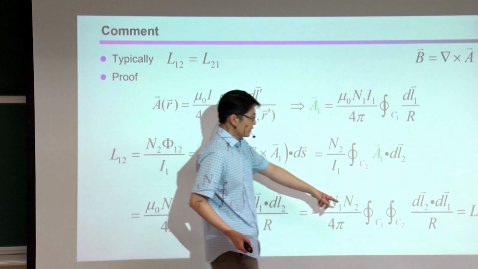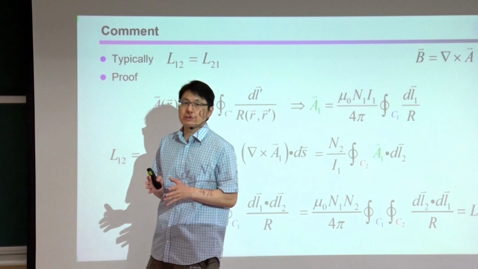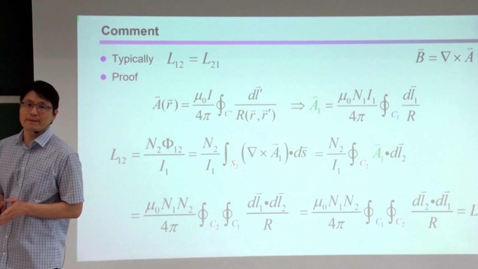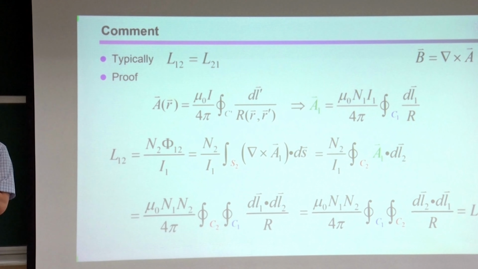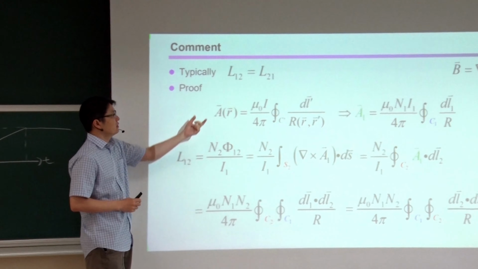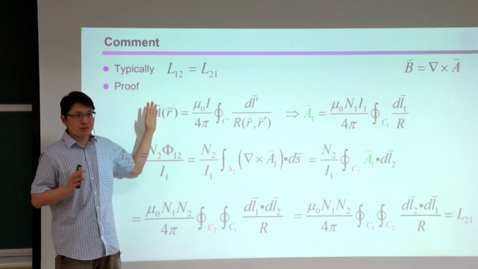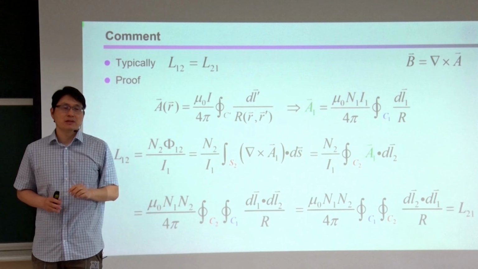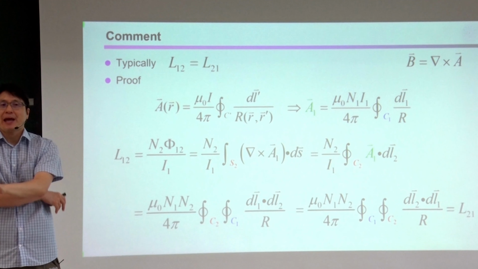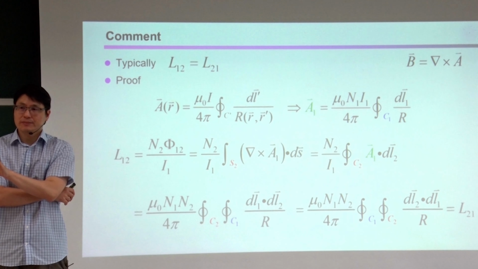Once we switch the order, dl2 dot dl1, that is equal to L21, okay? So this is a very simple mathematical proof to show you that, well, the mutual inductance in most cases are equal. They don't depend on which loop is operational.